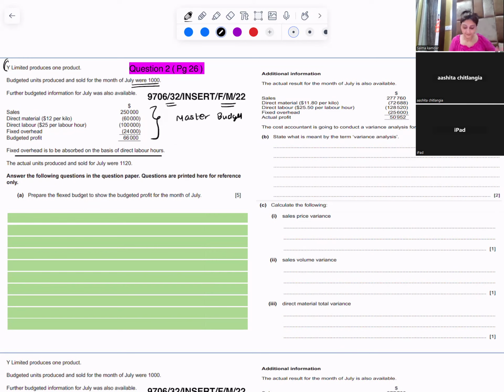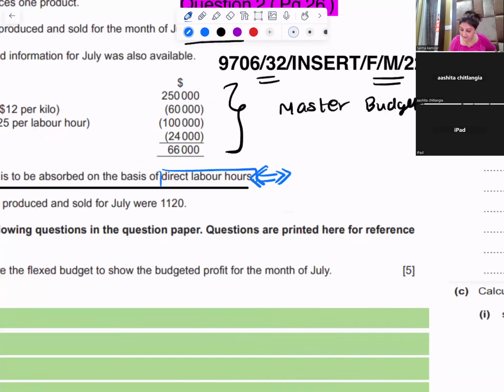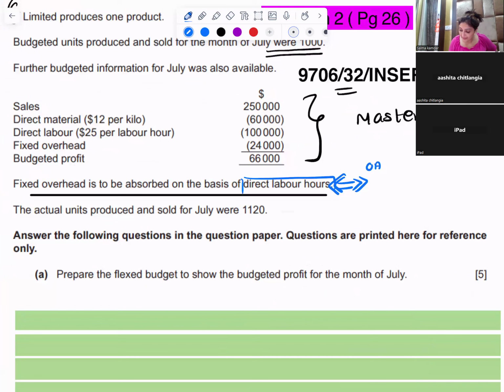Fixed overhead is to be absorbed on the basis of direct labor hours. What does this mean? That you need to find out the OAR using the direct labor hours. For OAR, your budgeted activity level would be the direct labor hours. It means that when you're calculating overhead absorption rate, your budgeted activity level is direct labor hours, and your budgeted overheads will be what?